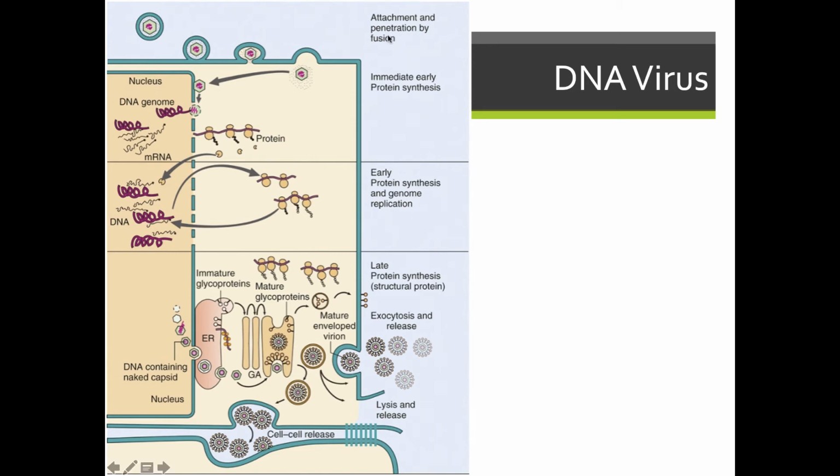But you have those same steps: attachment, penetration, uncoating, and then the key thing to remember with most DNA viruses, there will be an exception, the DNA has to get into the nucleus. Why? I want you to think about that for just a second. Why does the DNA have to go into the nucleus?